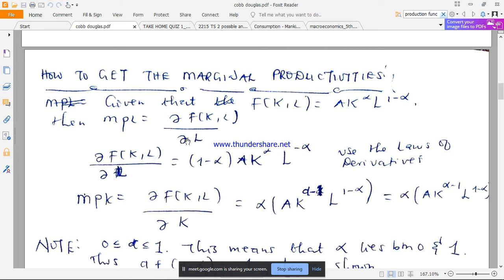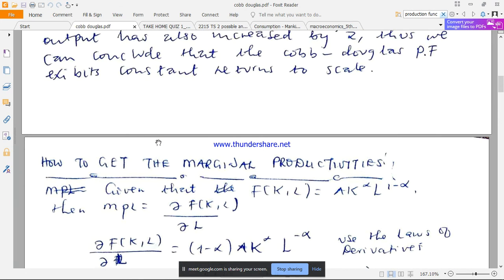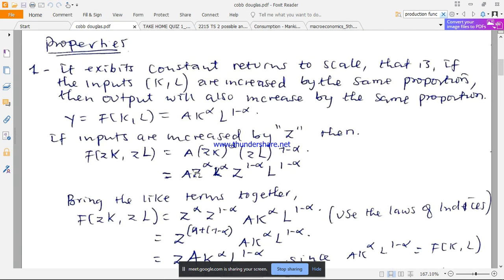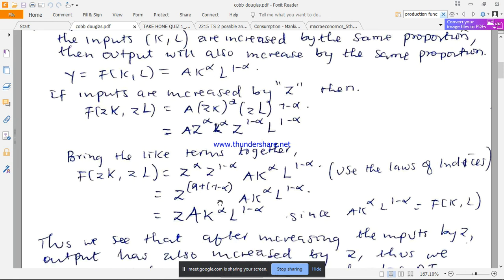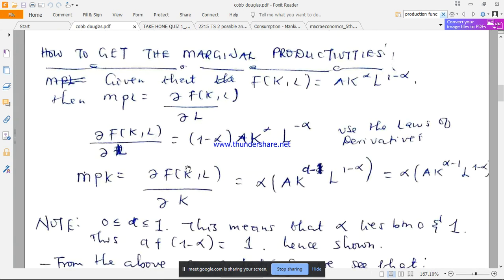Today we're just trying to prove the assumptions. The first assumption that we've proved is that of constant returns to scale, which is what is here. The next thing that we want to prove is the relationship between marginal product and the real price of the inputs.